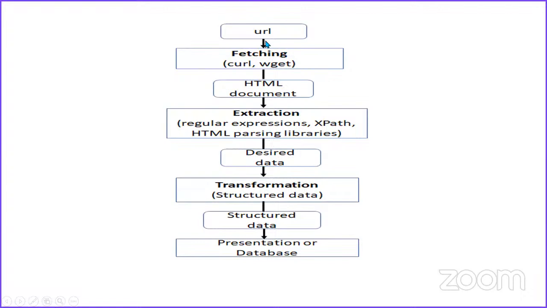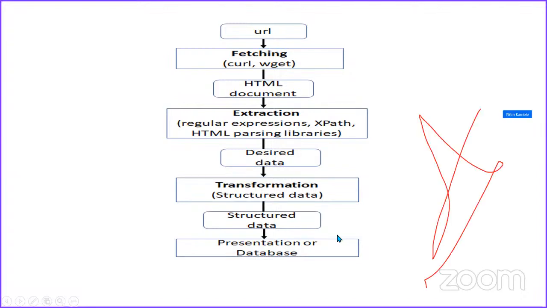From the website you take the page and all its HTML document, convert that HTML into an understandable, structured format, and then you transform and manipulate it. Let's also understand how we are extracting, transforming, structuring, and storing.